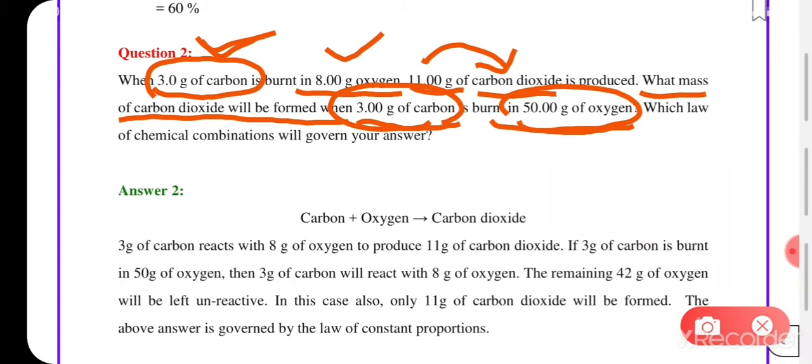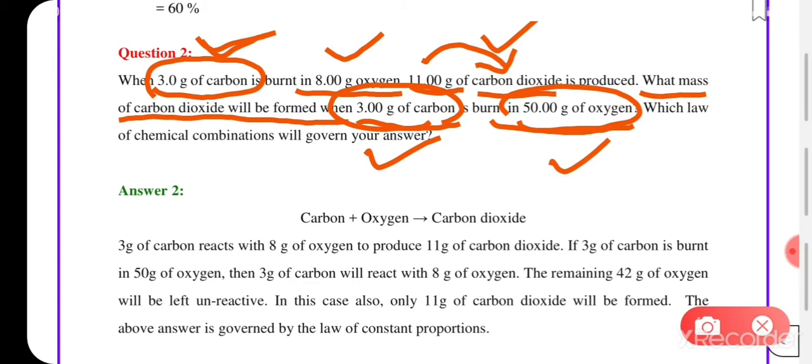So if 3 grams has bonded with 8 grams of oxygen to give this much carbon dioxide, and you supply more oxygen, the quantity of carbon is the same, but the quantity of oxygen is increasing. It is just like the same amount of carbon being burned with a larger amount of oxygen.